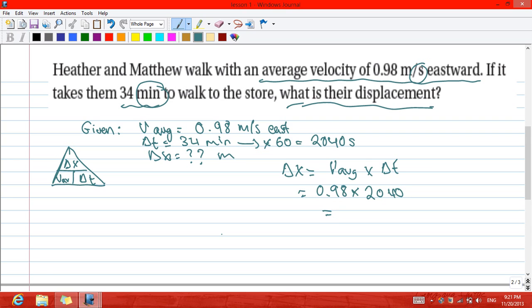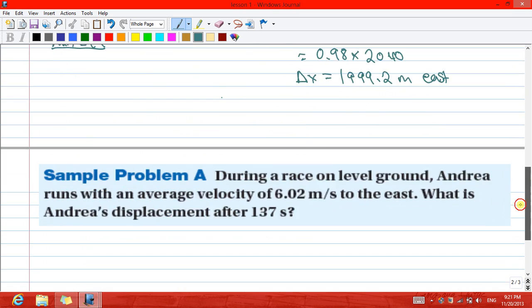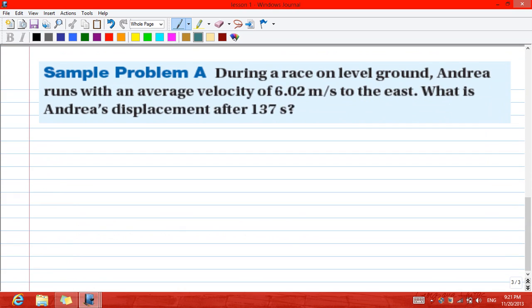And now we're going to multiply it, and we're going to have 1999.2, and it's going to be meters east. We shouldn't forget the direction. As long as it's given, you should always have the direction.